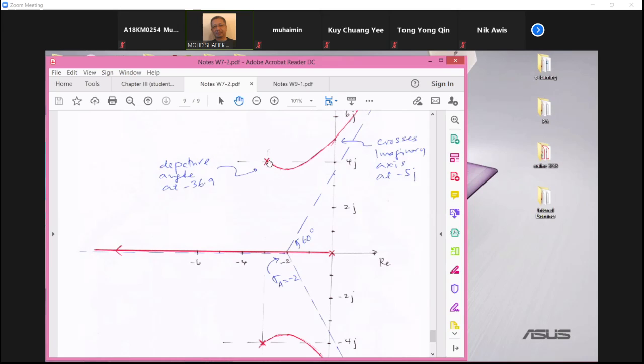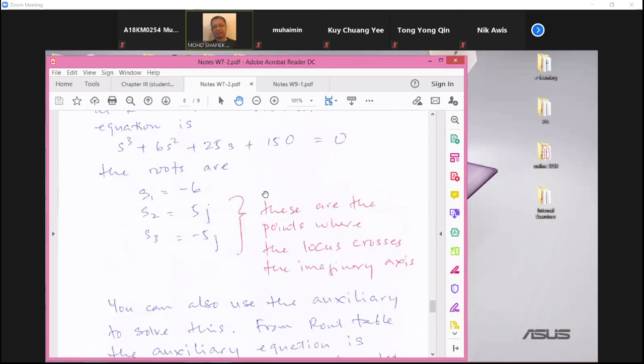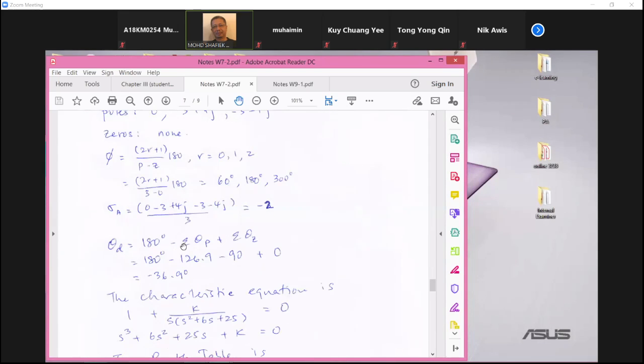So the expression for departure angle is 180 minus the angles from other poles plus the angles from other zeros. But since we don't have any zeros, all you have to do is find the angles from the other poles. We have two other poles. Let's go down.